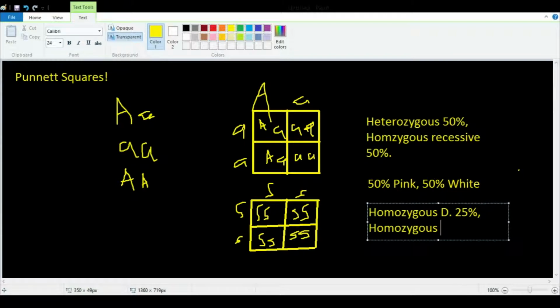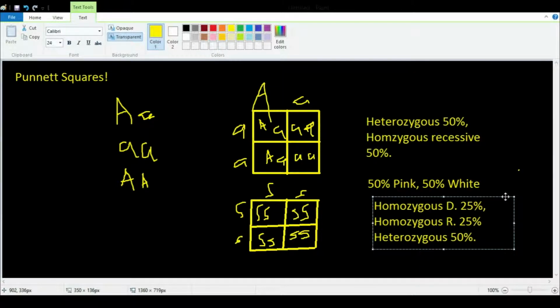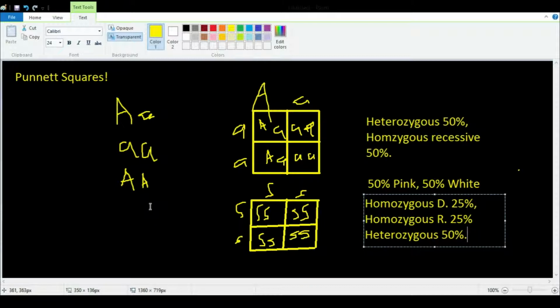Homozygous R for recessive, 25%. And then finally, heterozygous, it would be 50%. It's not really different from the last one, it's just the same concept.